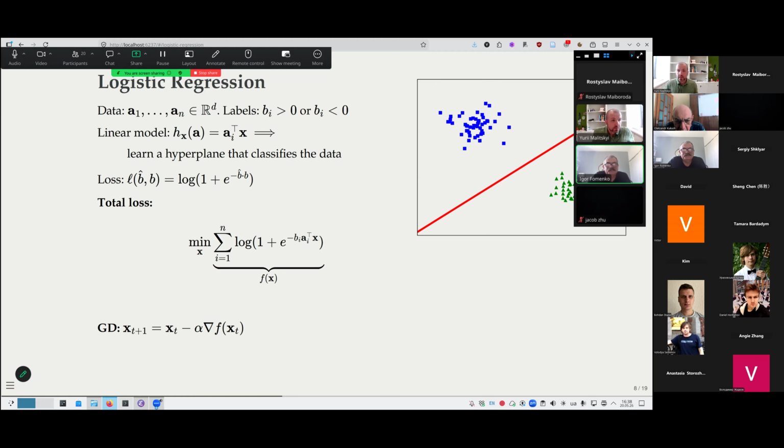Because of this, it's easy to see that there is this vector x. If there is a vector that separates the data, it means we can always find x that has an inner product with every a_i of the same sign, either +1 or -1, and then with b_i, which is also plus or minus, we can always make it as small as possible.